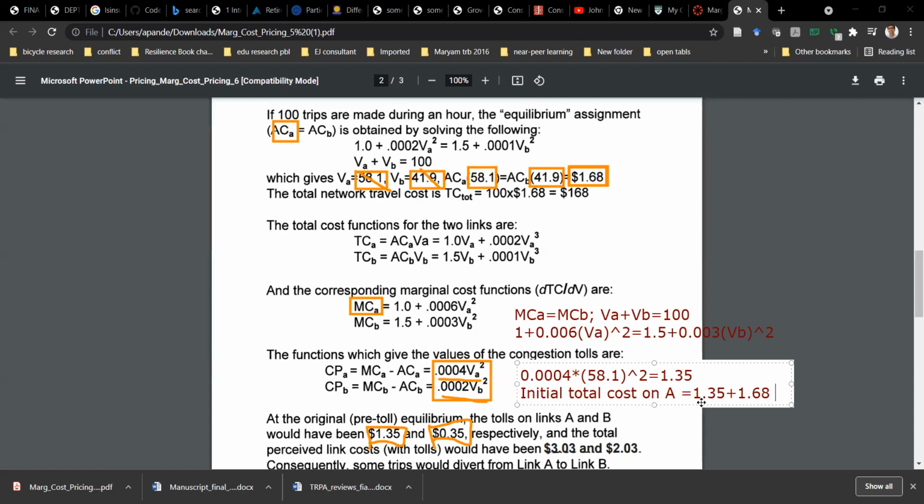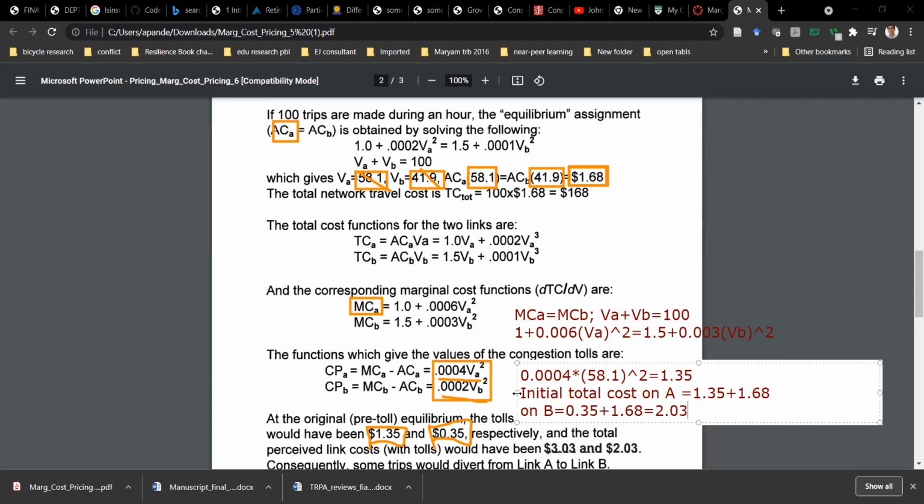Because you're paying $1.35 in toll and you're spending $1.68 on the travel time. So your total cost will be $3.03 on route A. And then similarly, you can derive the initial total cost on route B will be 0.35 plus 1.68, and that will give you 2.03.